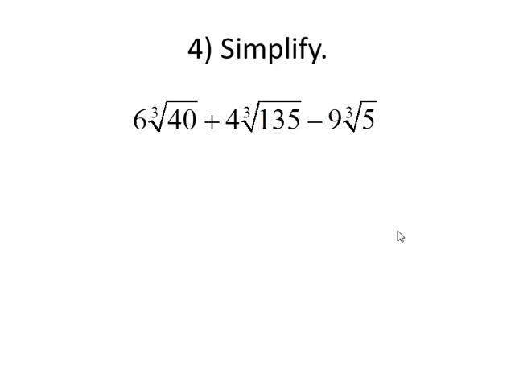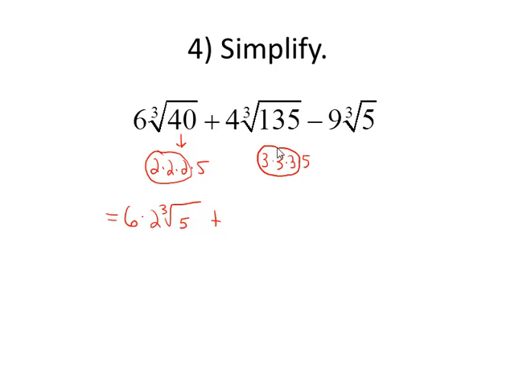One last example, this time involving cube roots. If you used a factor tree for 40, 40 is the same as 2 times 2 times 2 times 5. And since we're working with a cube root, this factor 2 is repeated 3 times, that can move out to the front of the radical. 6 times 2 cube root 5 plus 135 is 3 times 3 times 3 times 5.